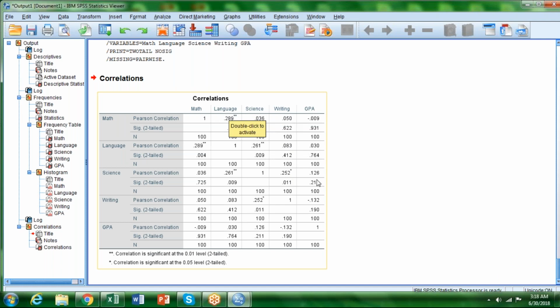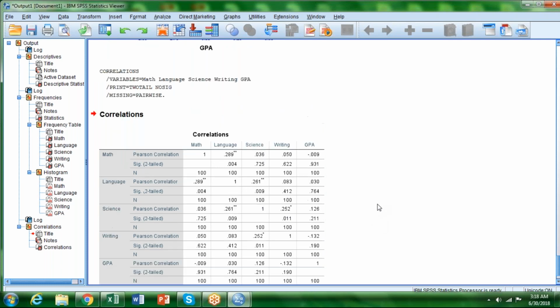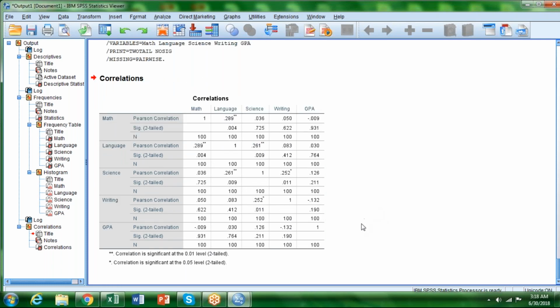So you can see overall in this data set of 100 students, which is all 4 grade levels in the high school, these are the 3 areas that have statistically significant relationships.